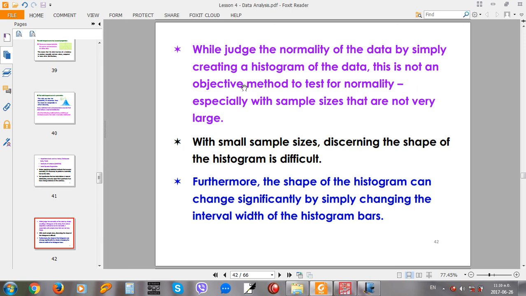This is not an objective method to test for normality, and it is not a very good method, especially when the sample size is not very large. With small sample sizes, discerning the shape of the histogram is difficult.